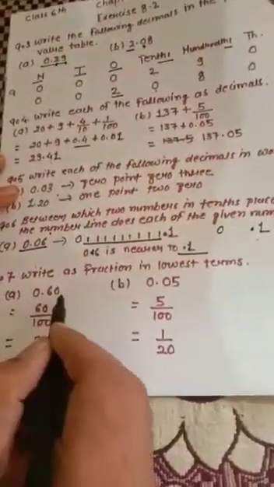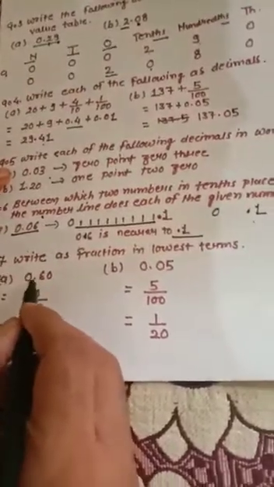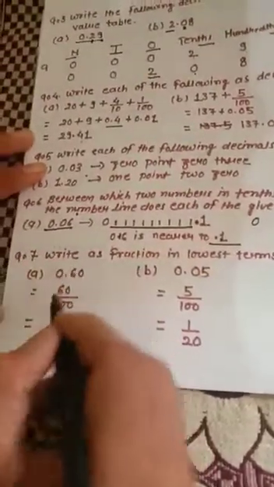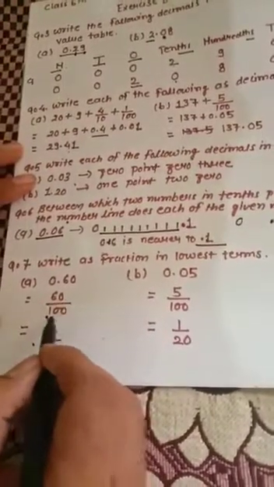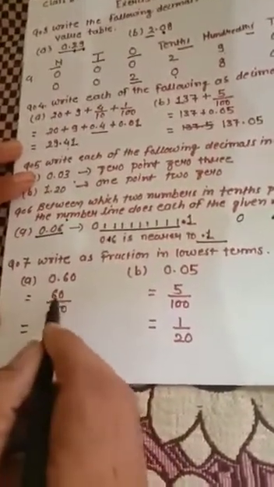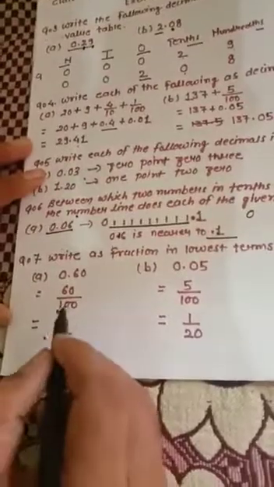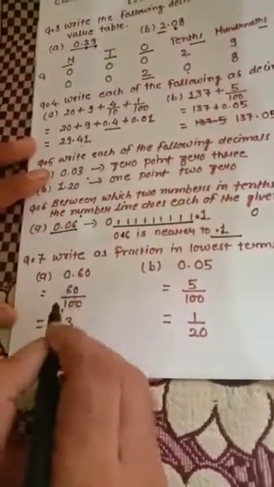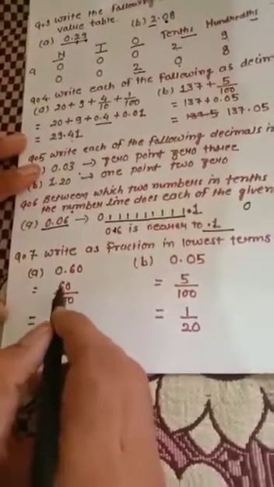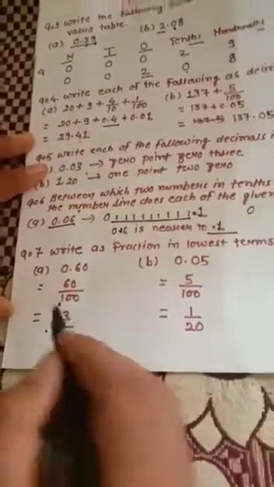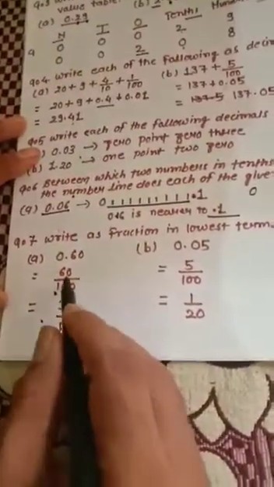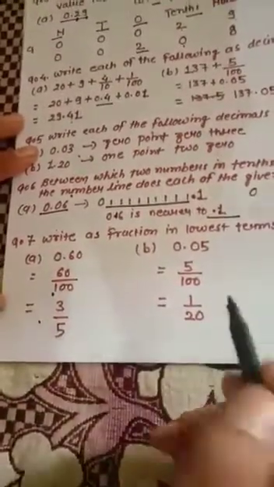So 0.60 is written there, so we'll remove the decimal, put 1 in the denominator, and there are two numbers, we'll put two zeros, so it became 60 by 100. By cutting short, if we divide both by 20, 3 times 20 is 60 and 5 times 20 is 100. So the answer for this question will be 3 by 5.